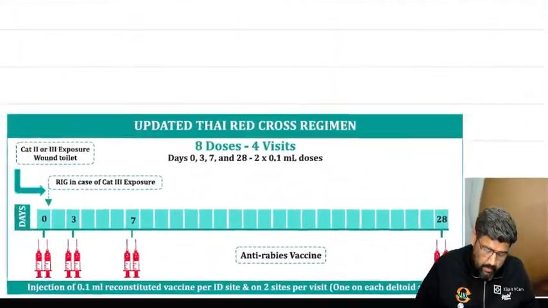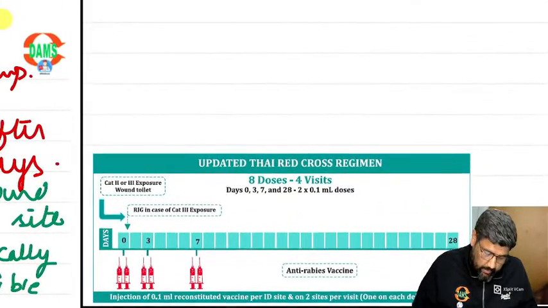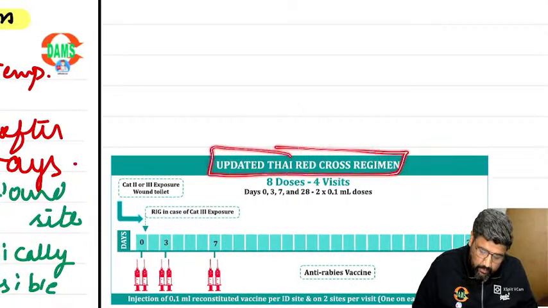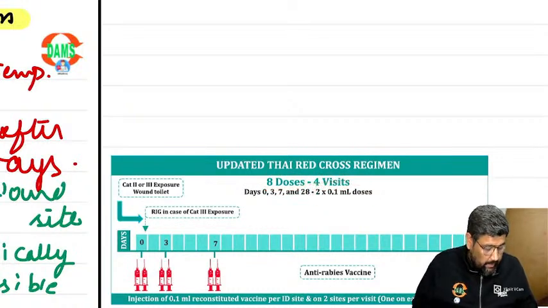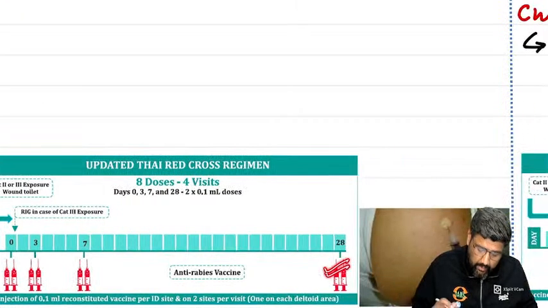Look here. See? So this is the updated Thai Red Cross, 8 doses in 4 visits, and right now first day 0, given 2 injections, on 3rd 2 injections, on 7th 2, and on 28th again 2.